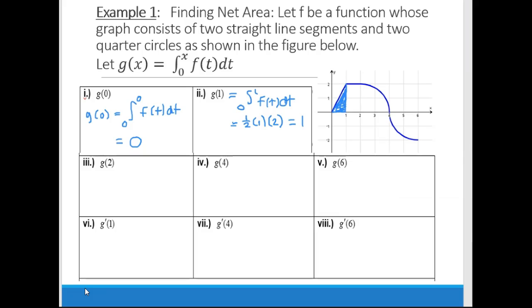G of 2 would be the integral from 0 to 2 of f of t dt. And now you have two ways of thinking of that. You could think of it as going from 0 to 2, and you could create a trapezoid.